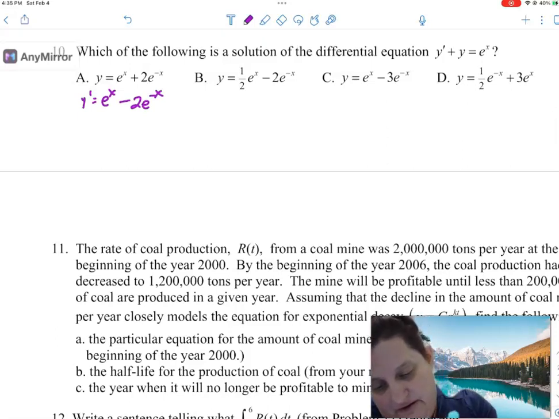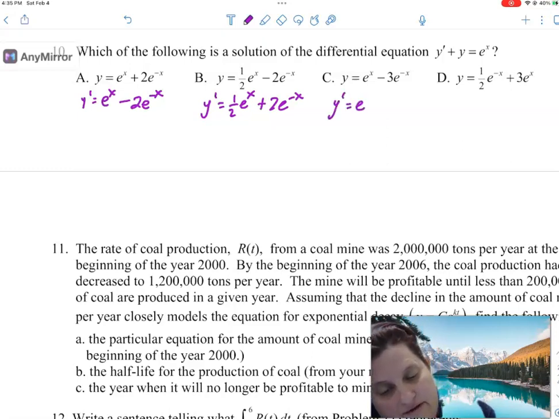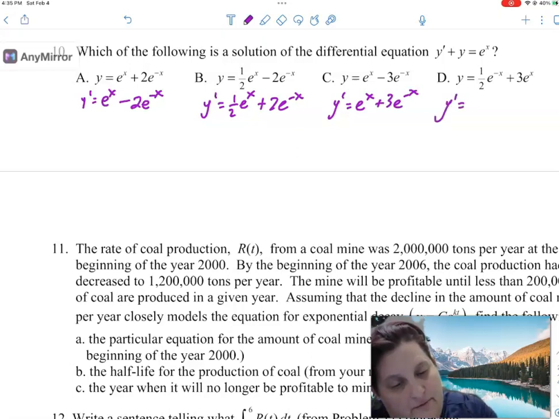This one, y prime is 1/2 e to the x, and then 2e to the negative x times the negative, which turns into a positive. For this one, y prime is e to the x, 3e to the negative x turns that to a positive. And the fourth one, y prime is 1/2 e to the negative x, put a negative on there, and then 3e to the x.